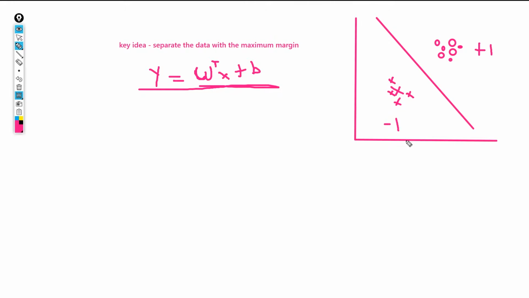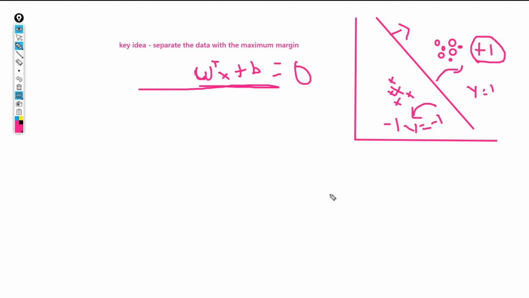As we said here, if anything is on the right of this line, then it belongs to class 1. That means y is 1. And if anything belongs to this side, then y is going to be -1. So this is equal to 0, and this is our line equation, our optimal hyperplane.